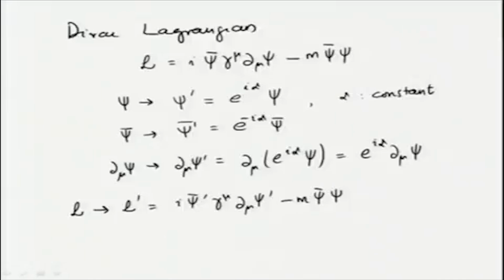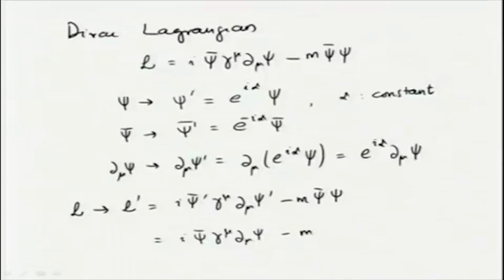Similarly, since psi bar prime has e power minus i alpha and dou mu psi prime has the same exponential factor e power i alpha, they cancel with each other. So, altogether you will get back the original expression, with psi prime in place of psi, which is equal to L.